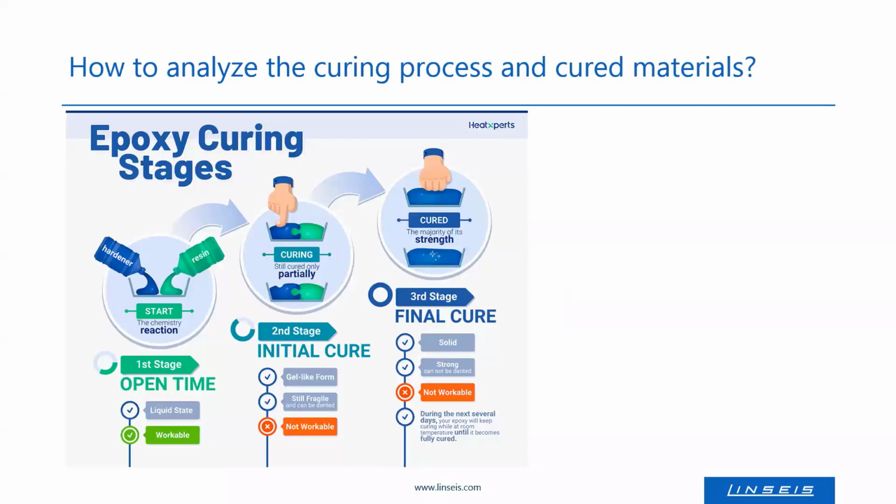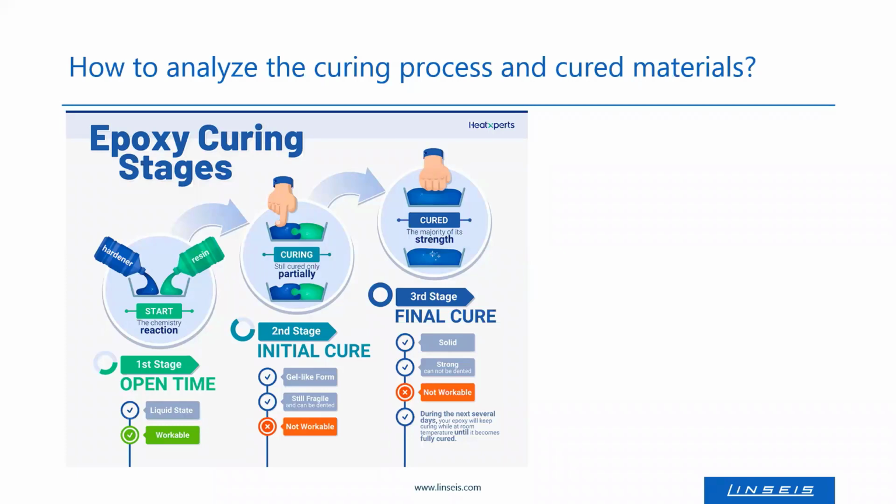But how to analyze the curing process and cured materials? I will show you a common approach. There are for sure other approaches to do that, but it has turned out over the last decades, I would say, that this approach is a good one to completely analyze and investigate the curing process and the cured materials.